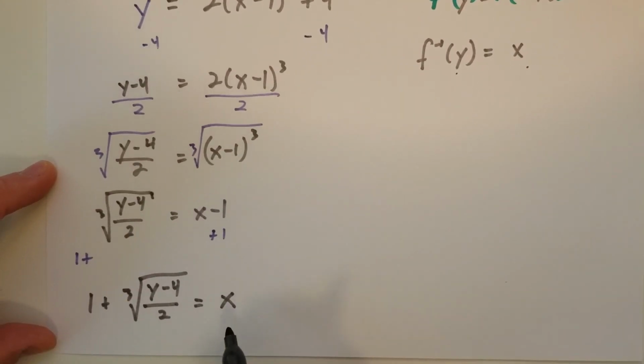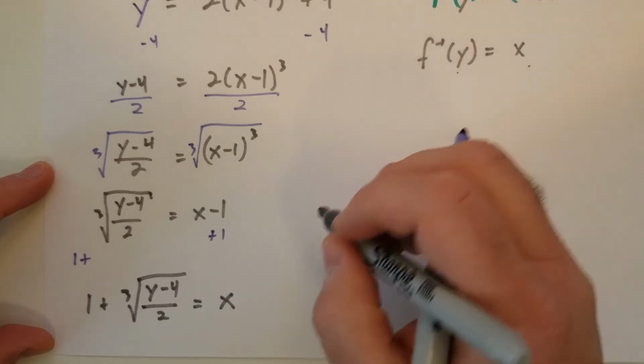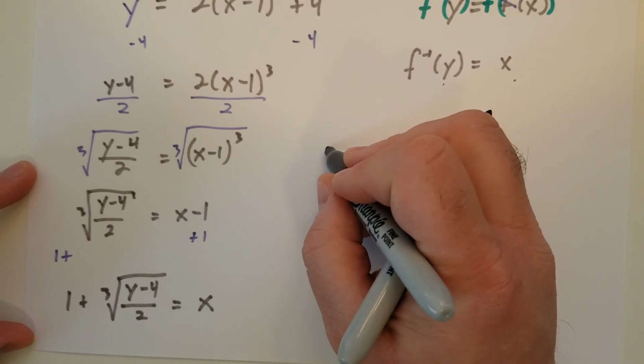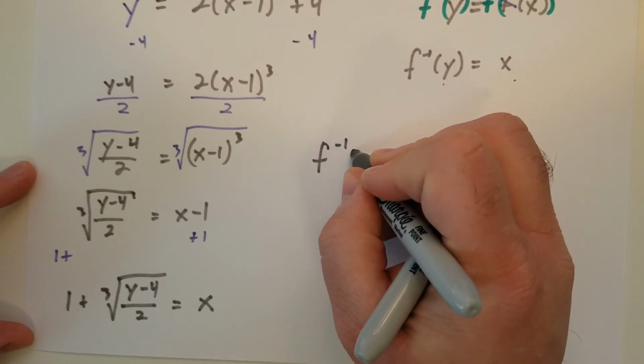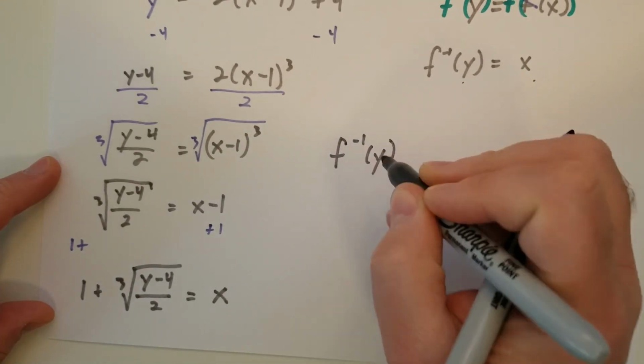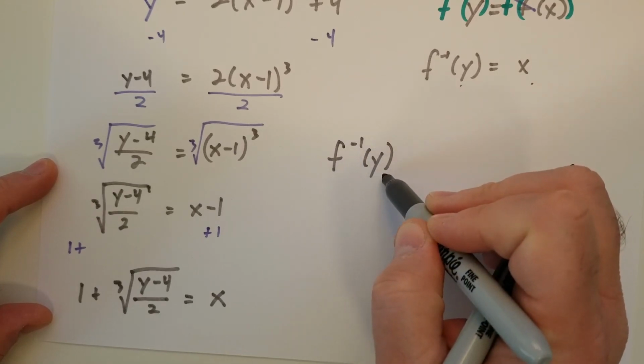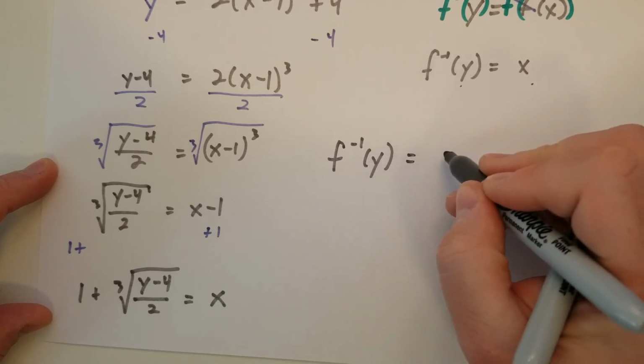All right, so now you have a function where y is the input and x is the output. And this kind of thing, it's nice to think of as f inverse of y. It is the thing that undoes f, and the output of the original is the input of this version.